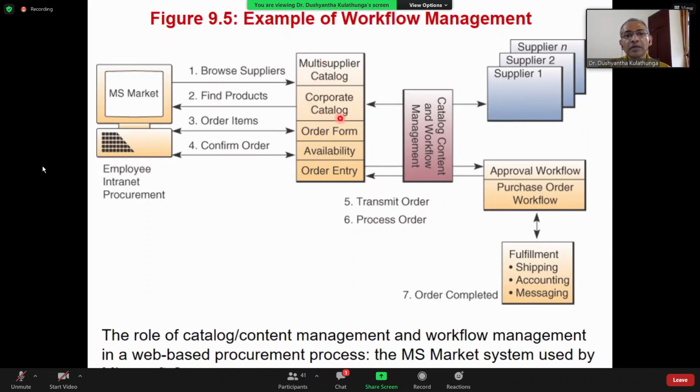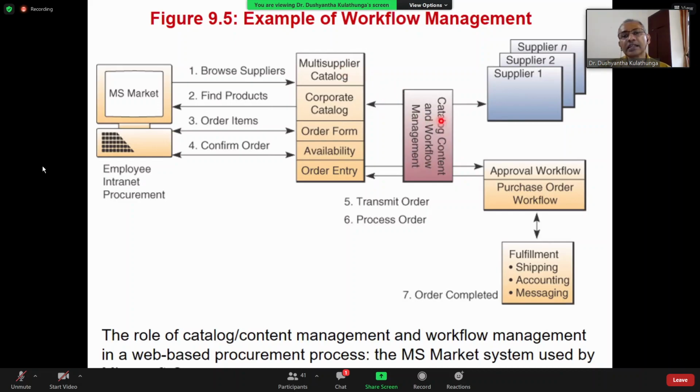Then, browsing suppliers: here it says we can rely on multi-supplier catalogs which we have access to, and also maybe corporate catalogs. If it is a multi-supplier catalog, that means catalogs related to different suppliers, and that may be available internally through content and catalog management software as highlighted here.